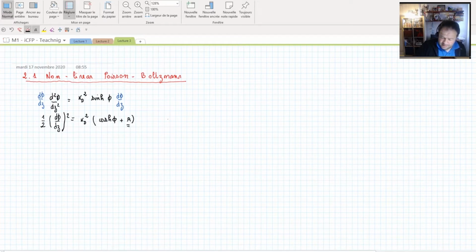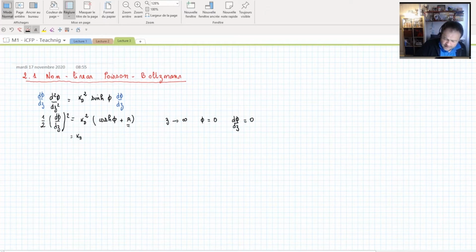Yes, Martin. Well, the idea is that if you take z which tends to infinity, we'll have both phi going to 0 and d phi over dz equal to 0.